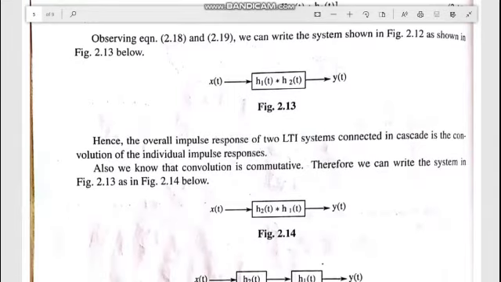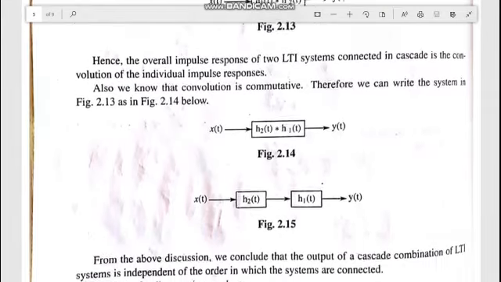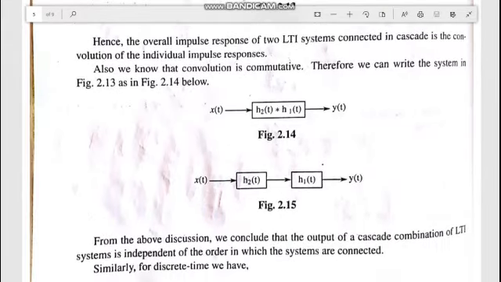We also know that convolution is commutative. Therefore, we can write the system in the below figure as x of t convoluted with h2 of t convoluted with h1 of t, which gives you your y of t. So the above figure can also be written as x of t to h2 of t.